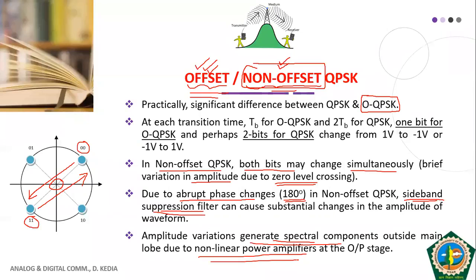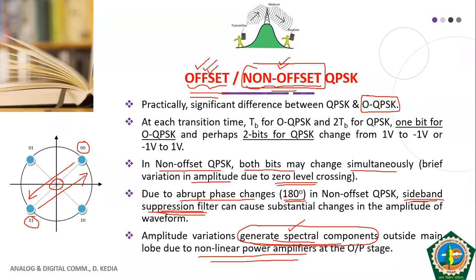Once such an abruptly phase changing signal passes through our non-linear power amplifiers, due to their non-linearity, new spectral components are generated, and because of these, some minor lobes come into the picture at the output stage. Because of the presence of these additional spectral components, whatever advantage we got by suppressing through our sideband suppression filter has gone away. Means we will not be able to band limit our output signal.